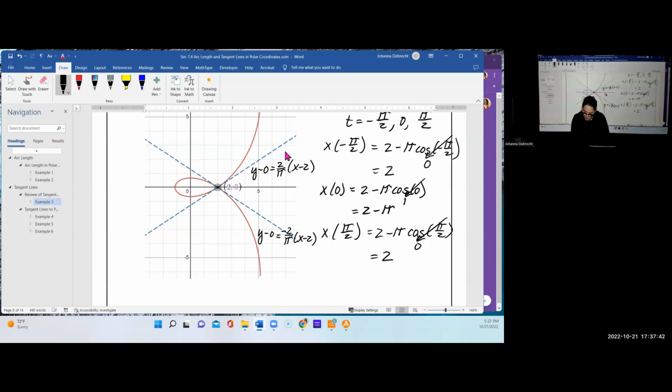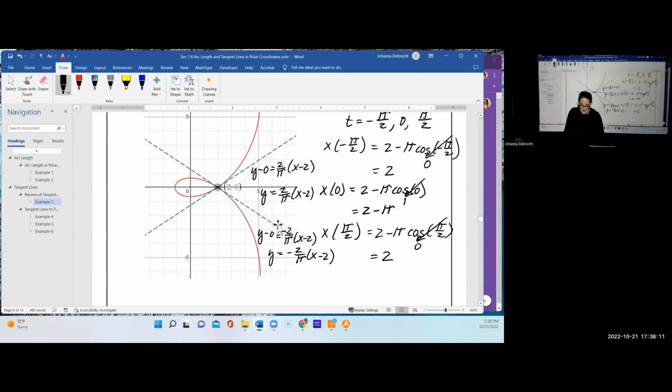And again, you could drop the 0 and write this as y equals 2 over pi quantity x minus 2 and y equals negative 2 over pi quantity x minus 2. You could write it both of those ways. I wouldn't take off if my students left the minus 0 there. It is point slope and you're making it clear that the y coordinate of that point is 0. So I would be okay with that.